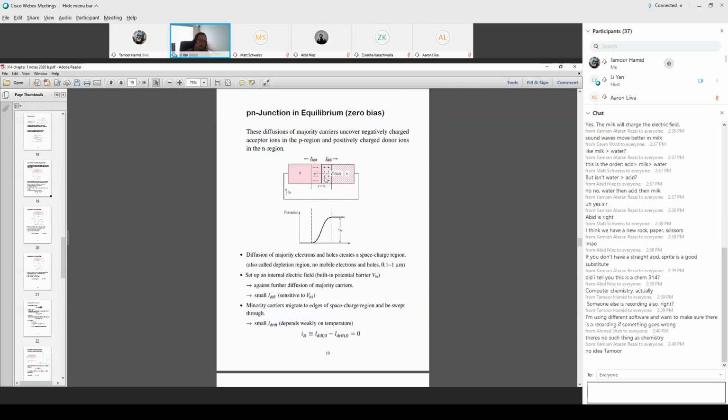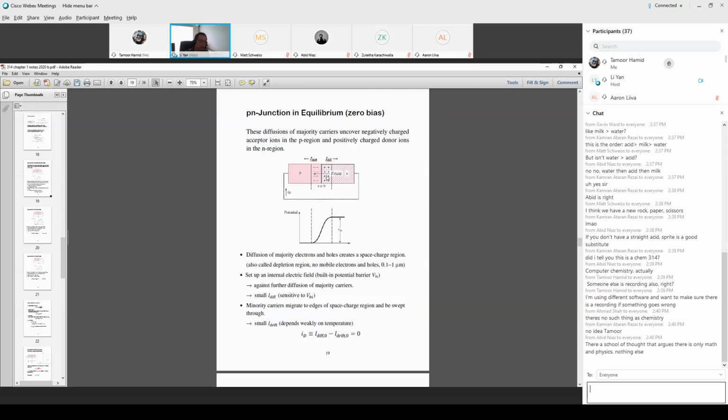No, once electrons have diffused, no electron is left in this region. That's what we call the depletion region: no mobile electrons and holes in this region. Did I answer your question?